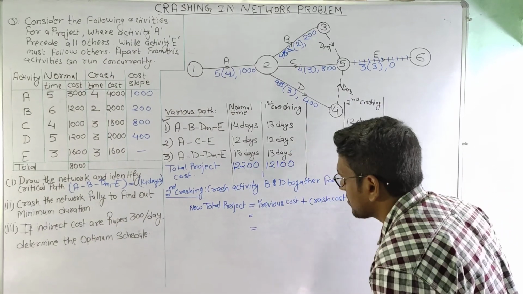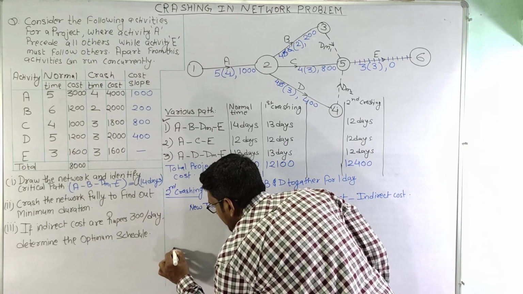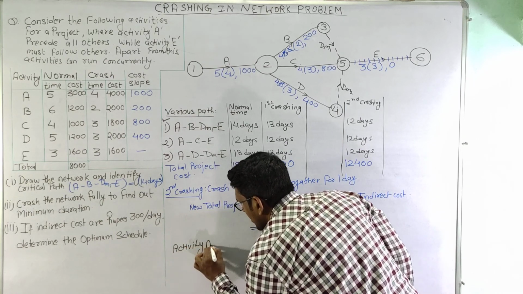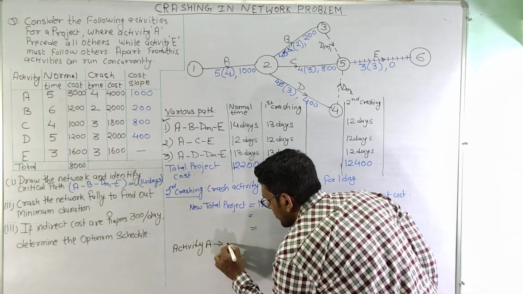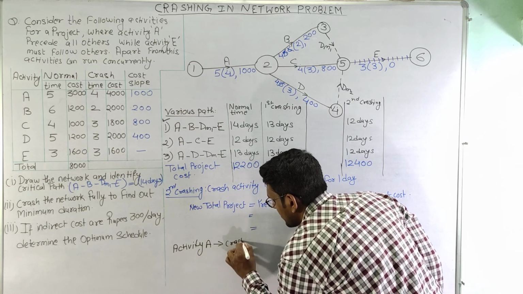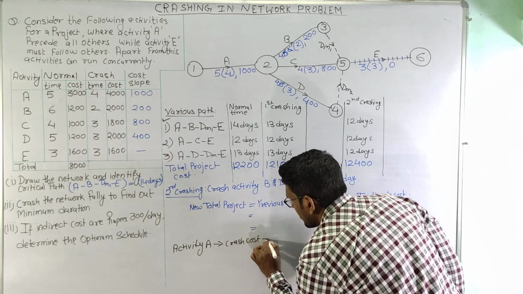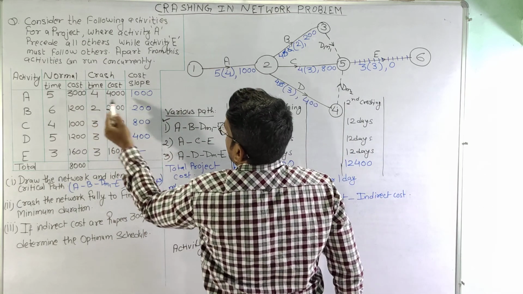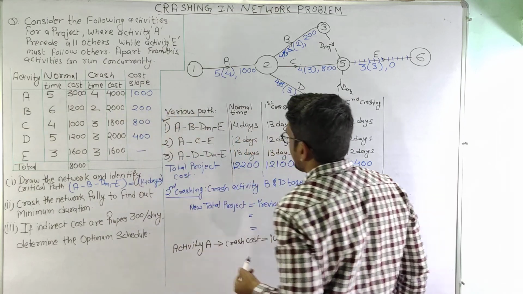So let us see what the costs are here. If we crash activity A, the slope, or we can say the crash cost, is rupees 1000 per day. So for activity A, it is 1000 per day.